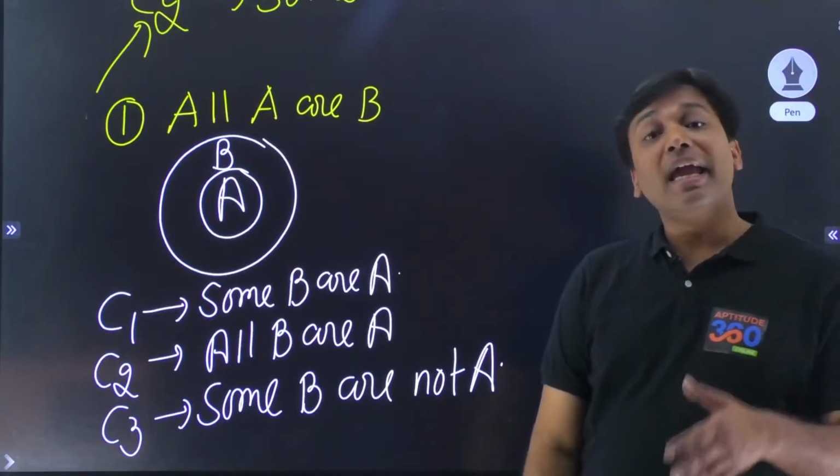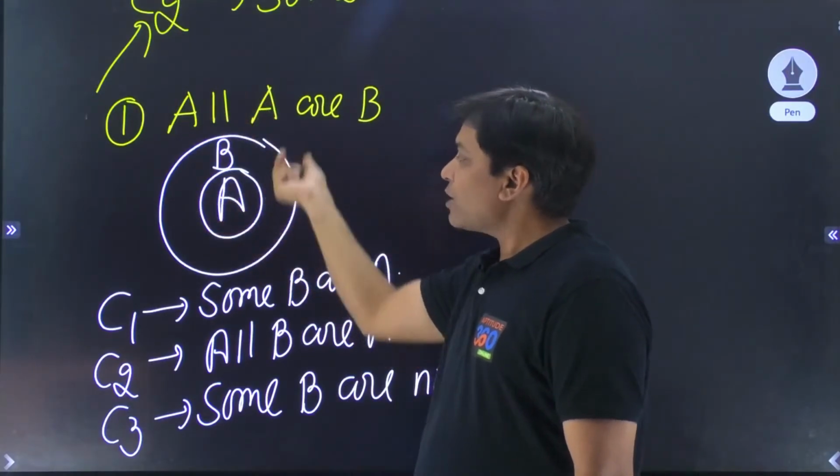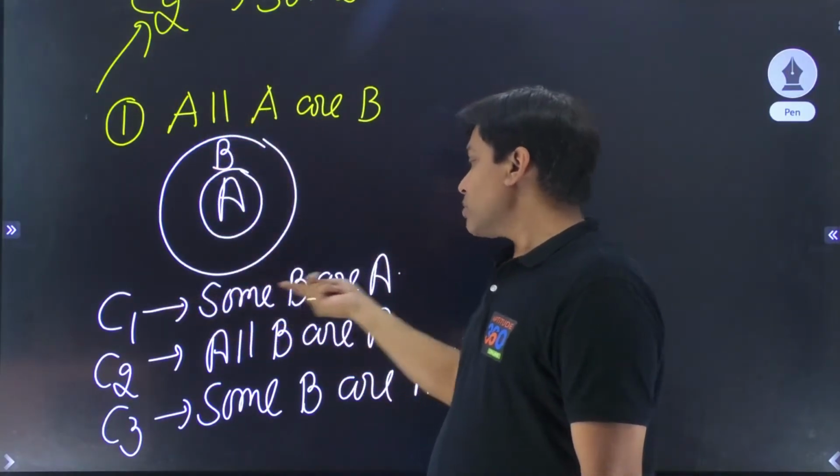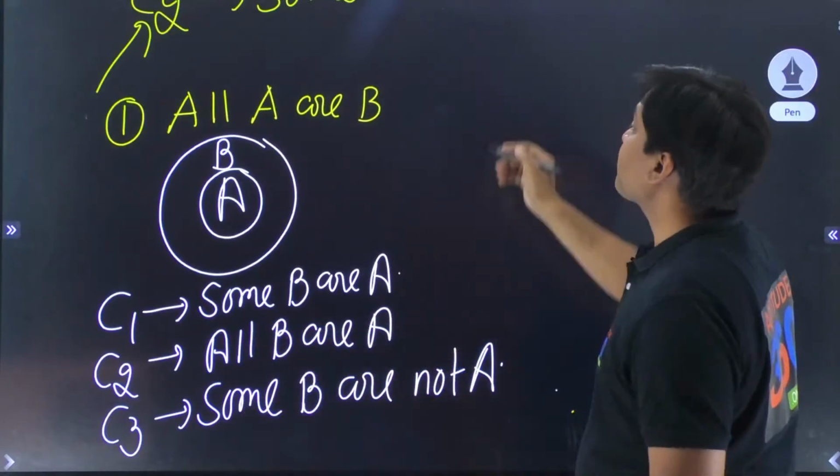What is this? All A are B. So I made a diagram. All A are B, so A has to be within B. So my conclusions are some B are A, all B are A, some B are not A.